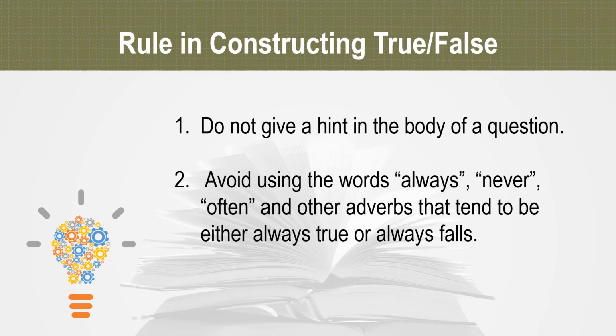Rule number two, avoid using words such as always, never, often, and other adverbs that tend to be either always true or always false. For example, you'll be saying the sun always rises on east and sets on west. So the answer is true because of the adverb always.